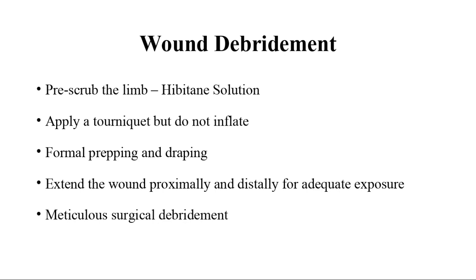All of this is meticulous surgical debridement. The second important prognostic factor in minimizing infection is meticulous surgical debridement. So number one, antibiotics within 3 hours. Number two, meticulous surgical debridement. Those are the two things.